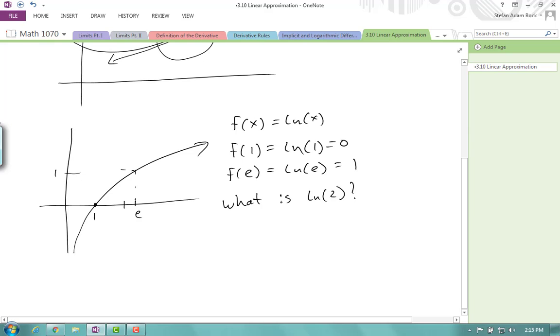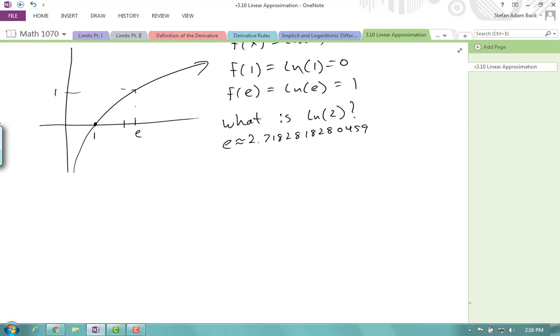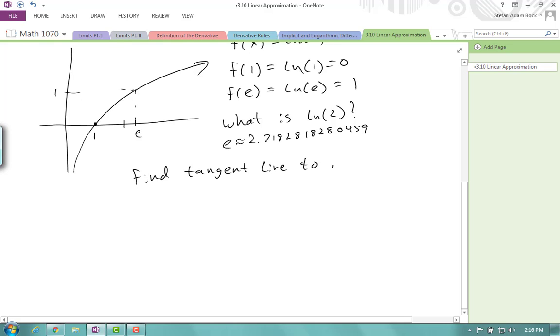I don't want to use 1. 1 is really easy to calculate, but e is closer to 2 than 1 is, since I know that e is approximately 2.71828182845. So I'll find the tangent line to f of x equals natural log of x when x is equal to e.